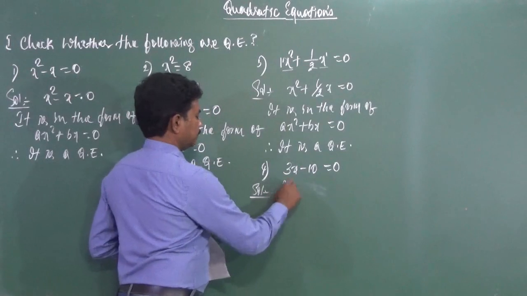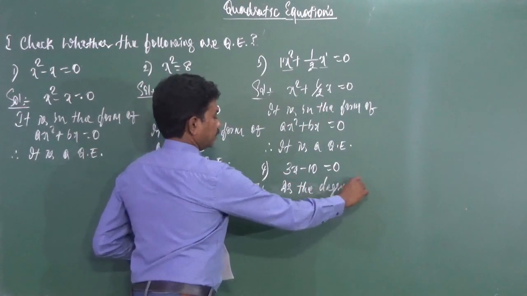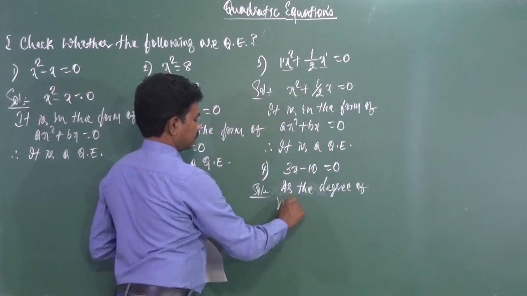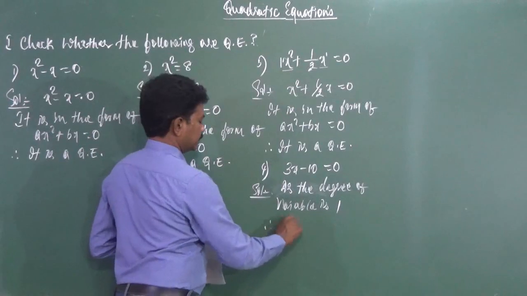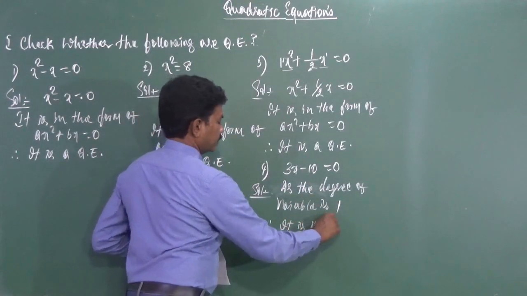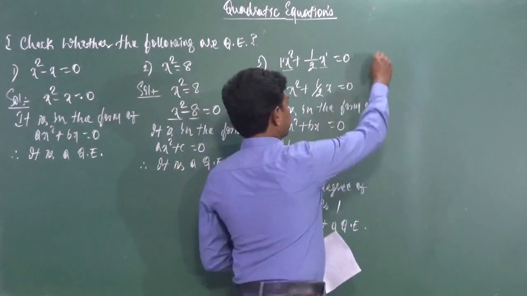As the degree of the variable is 1, it is not a quadratic equation. Let us get into the fifth problem.